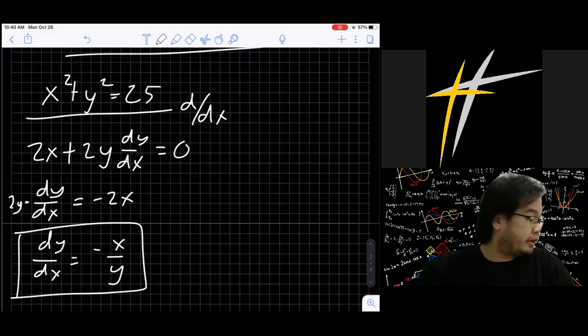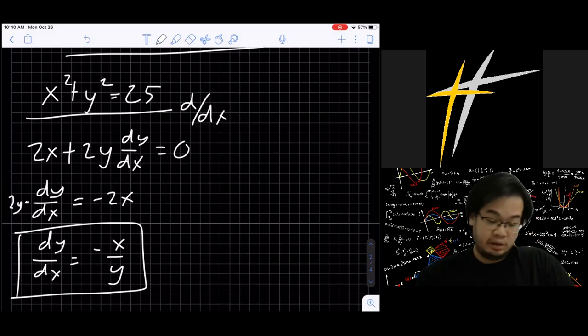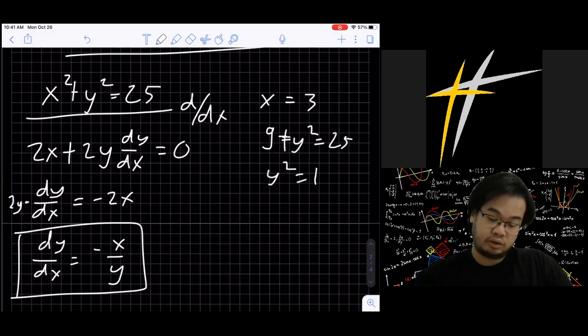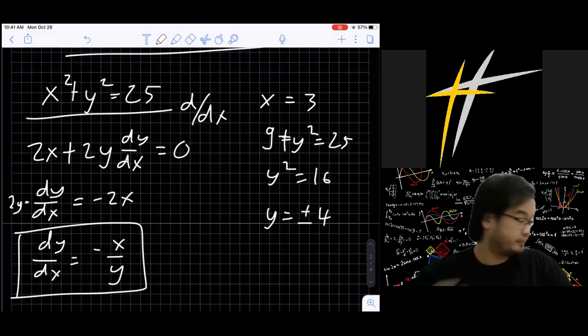Then calculate the two values of y when x equals 3. When x equals 3, it means that 9 plus y squared equals 25, y squared equals 16, and y equals positive or negative 4.